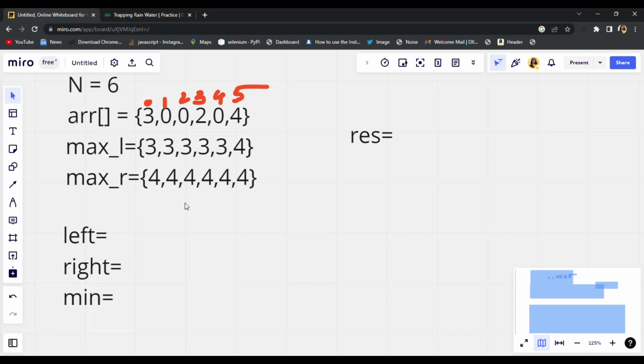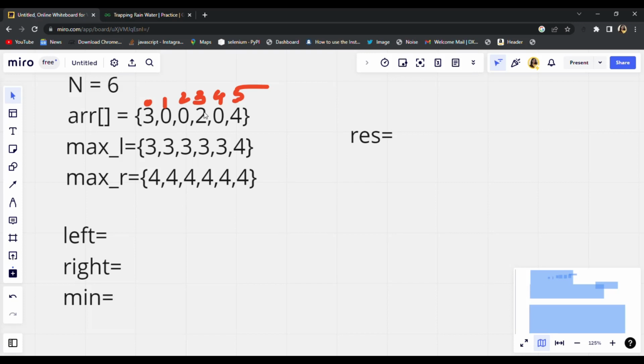Will we be able to store water on the first and the last block? No, right? Because there is no boundary on the left side of the first block and on the right side of the last block. Yes, and in order to store water, we need a boundary on both sides of it, right?